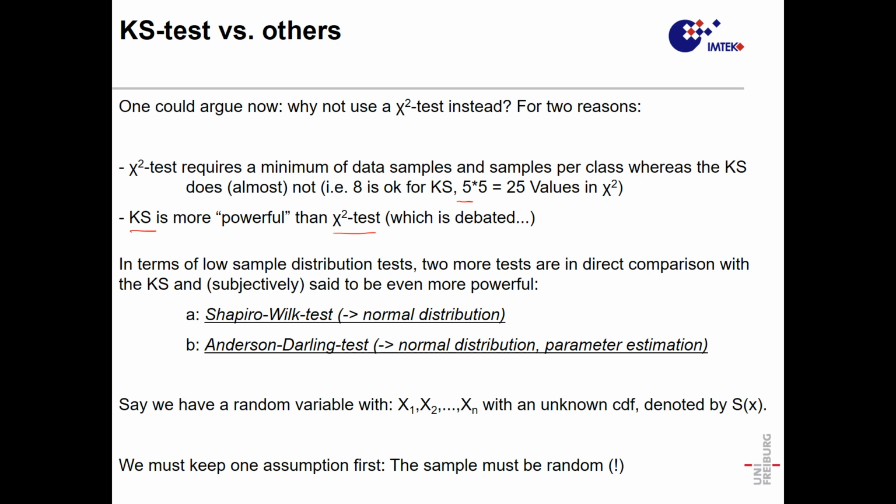Like this test, there are other tests that we're not going to cover in this lecture or this course, but are also very well known, like the Shapiro-Wilk test and the Anderson-Darling test. The Shapiro-Wilk test is commonly used for testing the normality of the data, and the Anderson-Darling test has the extra advantage that you can not only say if the empirical distribution follows a normal distribution, but also estimate the parameters of the distribution.